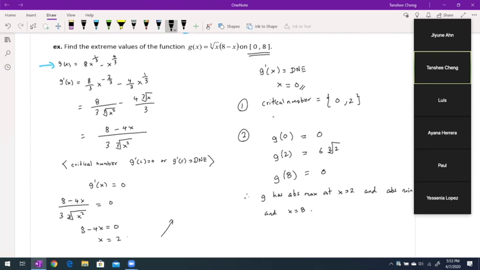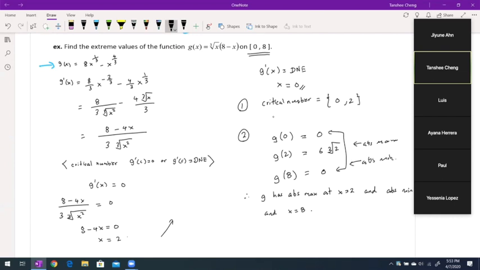Function g evaluated at 8. So I will get 0 for g of 0, 0 for g of 8, and when I substitute 2 into the g function, it will give me 6 cube root of 2. So clearly, this is my absolute max, and these two are absolute min.